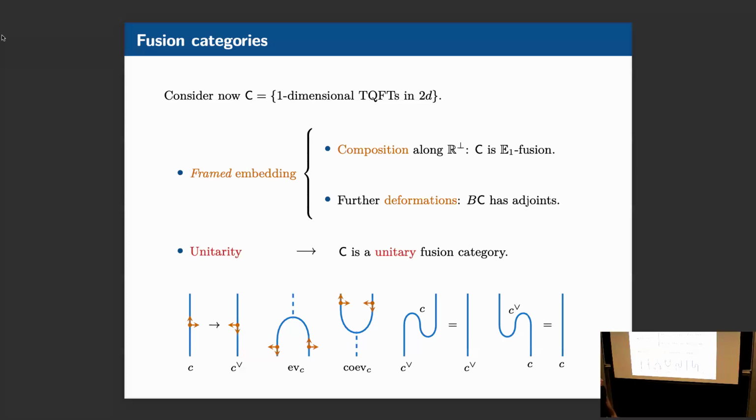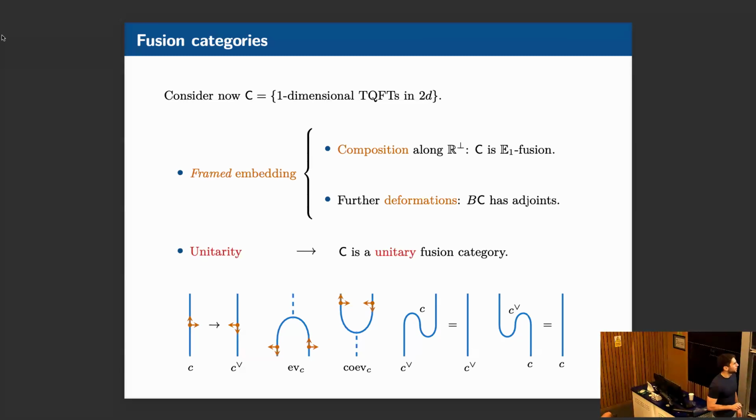And there are some other maps between them that are evaluations and co-evaluations, which satisfy a bunch of identities. Okay, and all of this additional data can be rephrased in the language of categories, since C is actually a fusion category, so it has a monoidal structure, we can deloop it in the way we did for the algebra before.